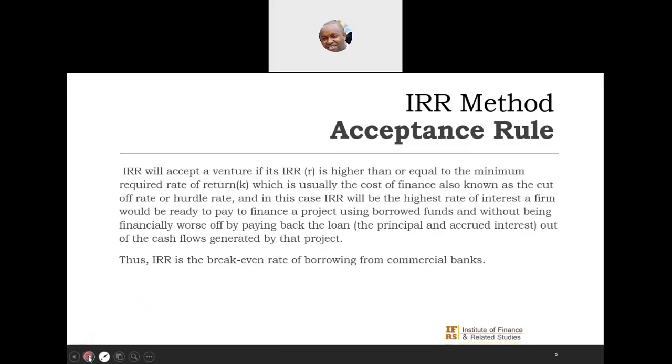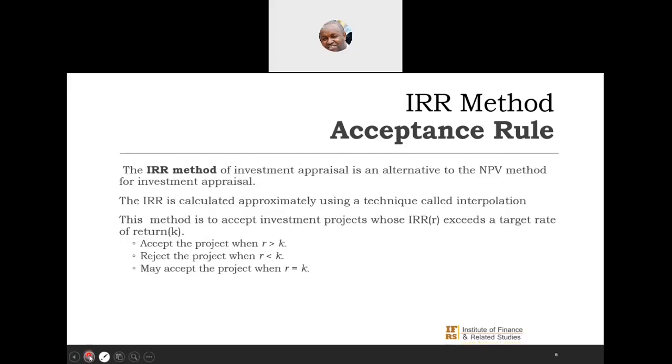How do we determine whether to accept a project or not using the internal rate of return? If the internal rate of return is greater than the required minimum rate of return, then the project would be accepted. Otherwise, we reject the project.